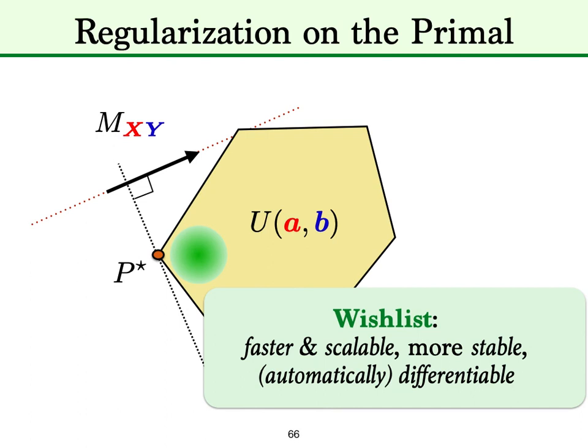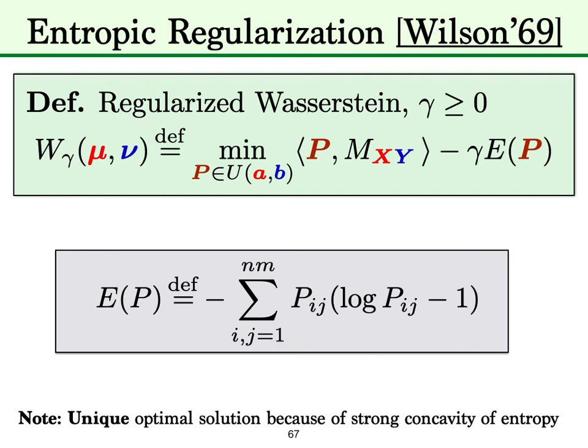And geometrically, what it basically boils down to is to aim for a transportation matrix P that is not necessarily right at the optimum, but is a bit more in the middle, as long as you can get there faster, in a more scalable manner, using simpler algorithms than network flow solvers. And all of this is achieved by using this so-called entropic regularization.